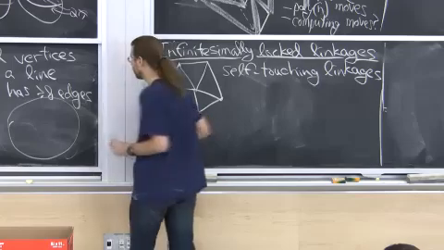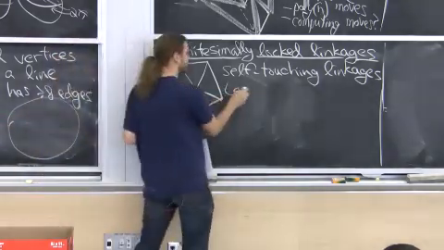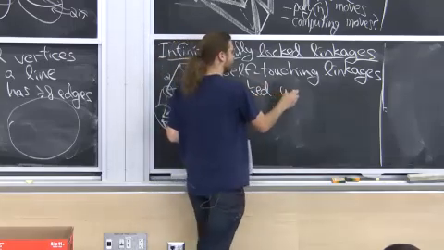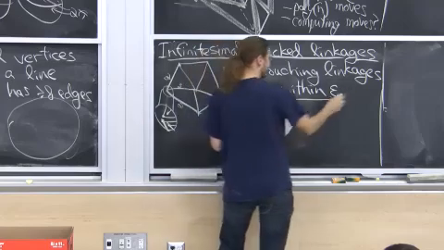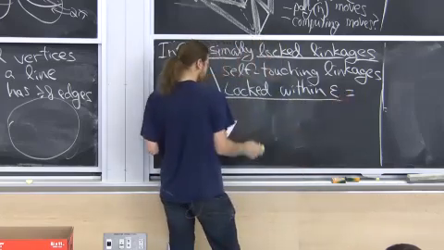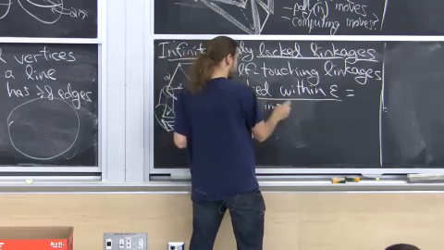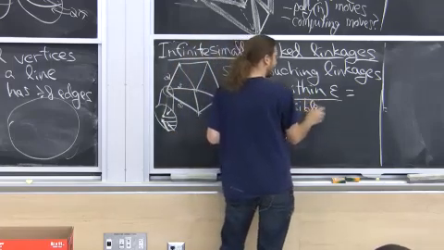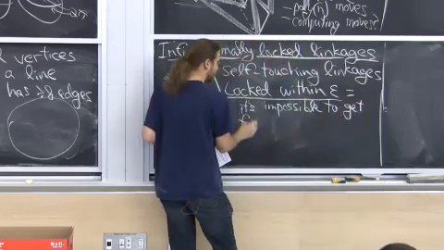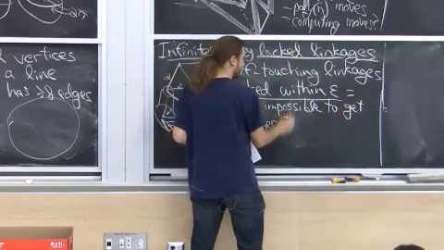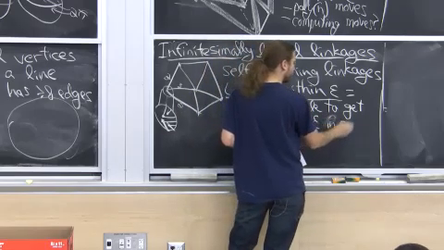Now, normally, if you wanted to capture this notion of wiggling a little bit, we could define the idea of being locked within epsilon. So a configuration is locked within epsilon if it's impossible to get farther than epsilon in configuration space.